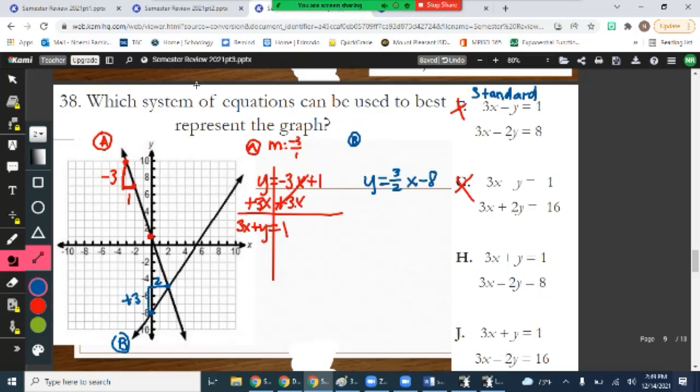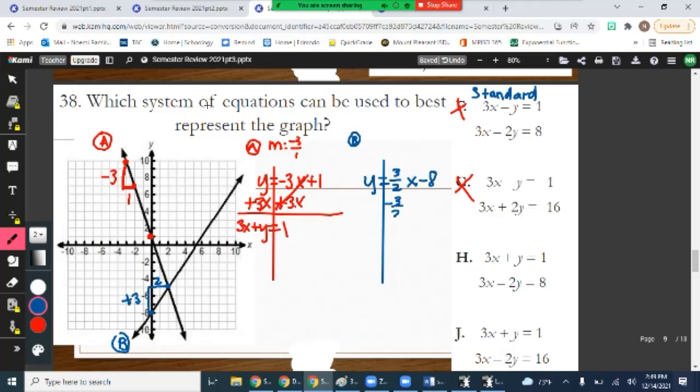Next, we got to convert this one. What's the first step? Subtract 3 over 2x. X comes down first, plus y equals -8. Now, I notice that my slope is still in fraction form. So what do you do? You multiply by the bottom number, and if the fraction itself is a negative, include it.